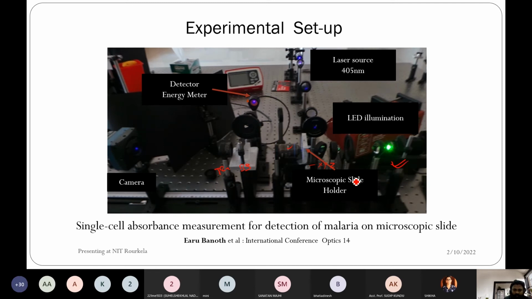Someone might be thinking why we use a laser beam here, the UV light close to 405 nanometer, and why use this? If I want to bring my sample into focus, this setup is for single cell detection, right?